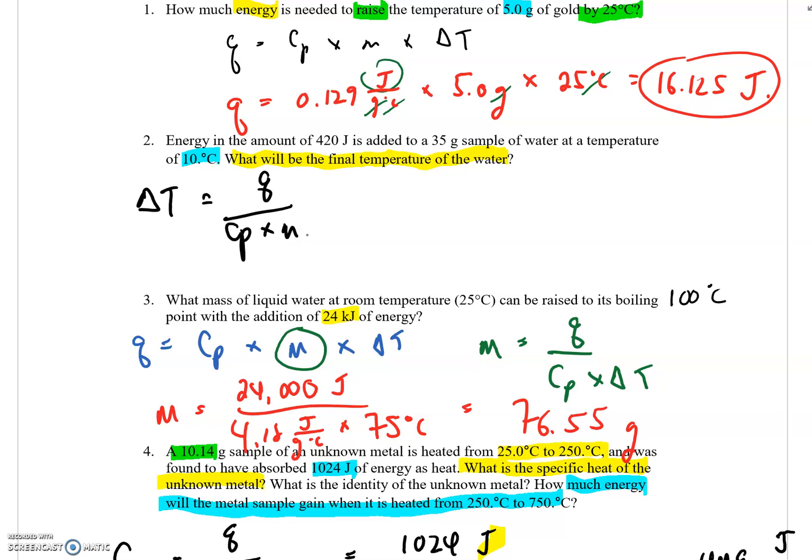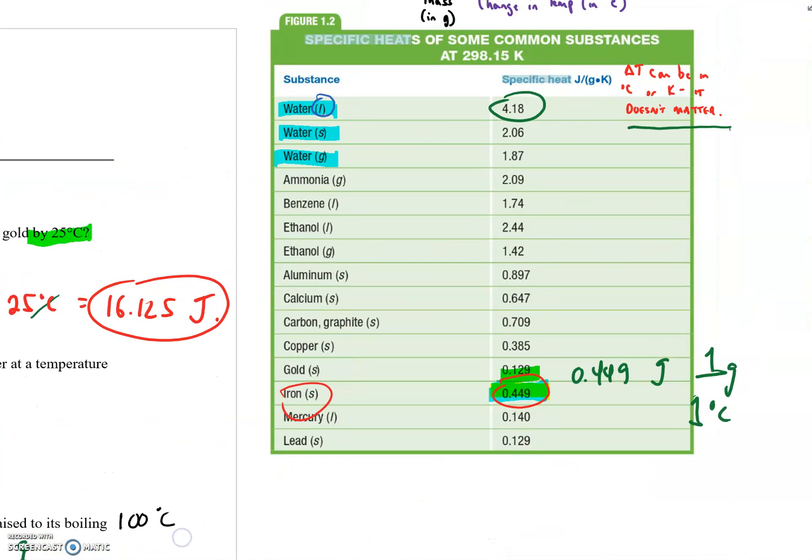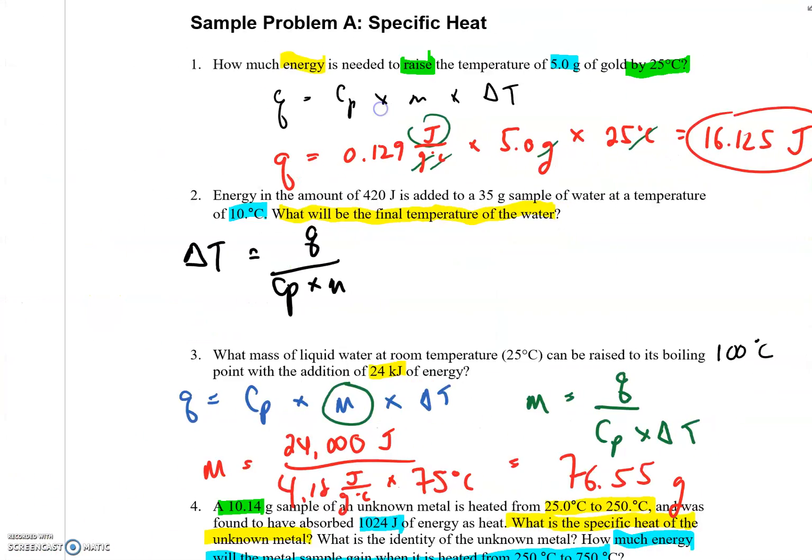Okay, now it doesn't state that the water is in a particular phase. It doesn't say liquid or gas, but it's at 10 degrees Celsius, ladies and gentlemen. Water's melting point is 0 and its boiling point is 100 degrees, which tells us that our state of water is going to be the liquid state. And that means we're going to have this 4.18 joules per gram degree Celsius as our specific heat.